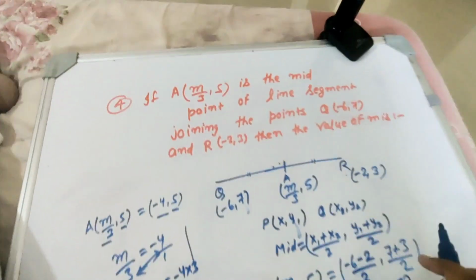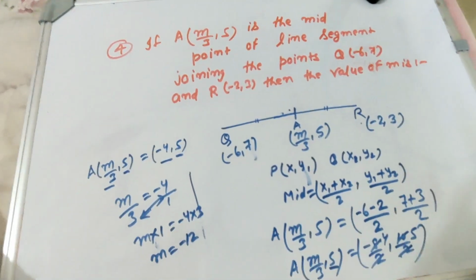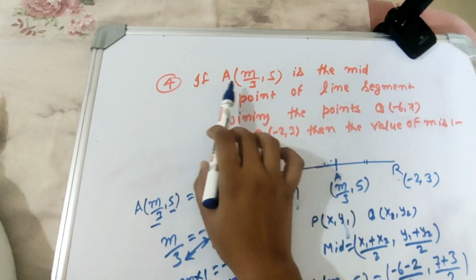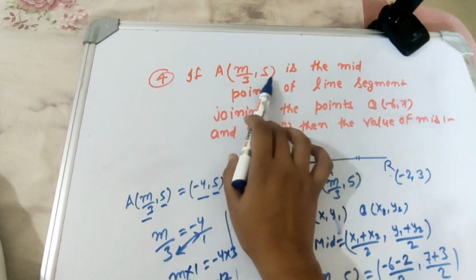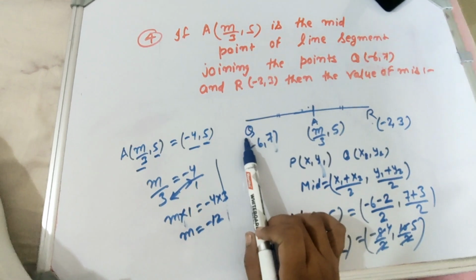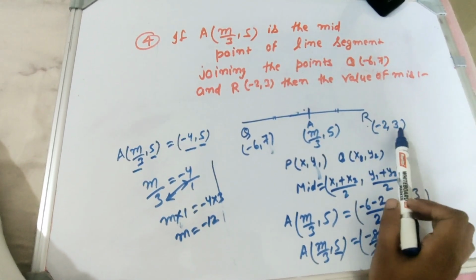How do we solve this question? Point A is given as (m/3, 5), the midpoint of the line segment. Q is (-6, 7) and R is (-2, 3).